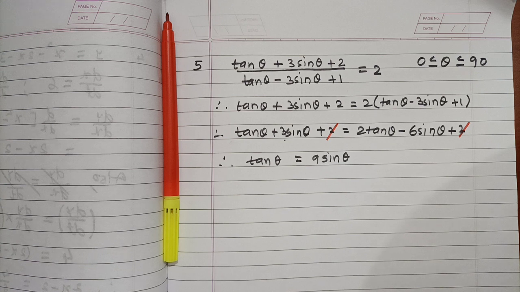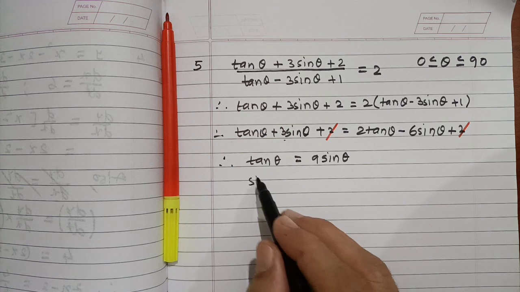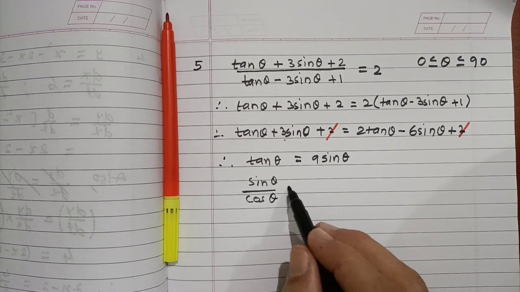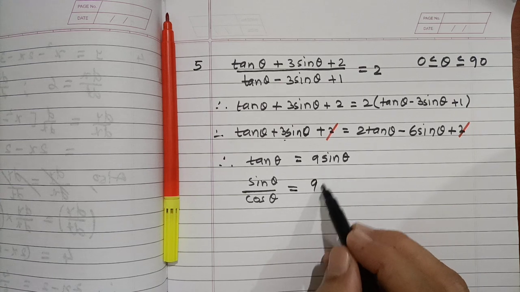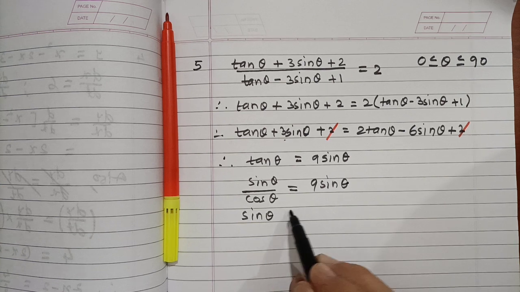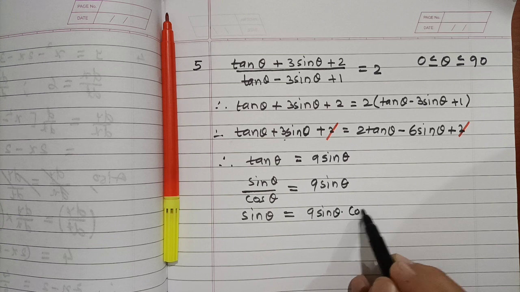Now we need to solve this equation. Our job is to convert the expression either in terms of sine, cos or tan, but in this case we need to convert tan in terms of sine and cos. So this is sine theta by cos theta is equal to 9 sin theta. So sine theta is equal to 9 times sine theta into cos theta.